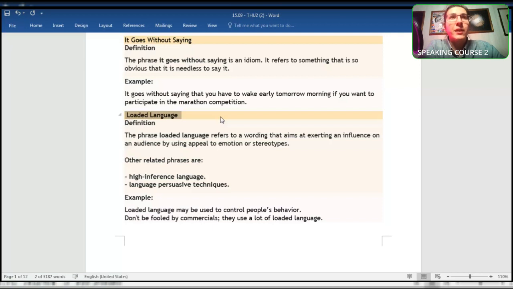Let me actually Google an example so that I don't misinform you, because I think this is important. Give me one moment. Loaded language example. One moment.